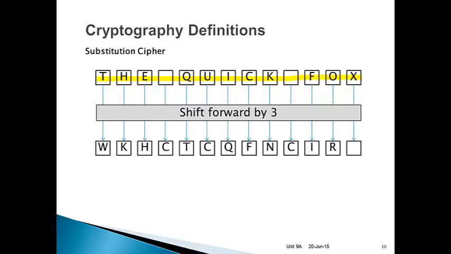You would take each letter in the alphabet. The Romans did in fact have an alphabet and did have them in order, and then you shift it by 3. So T becomes W, H becomes K, E becomes H, and then you treat the 27th letter of the alphabet as the blank.